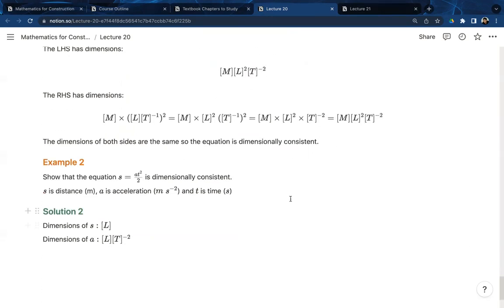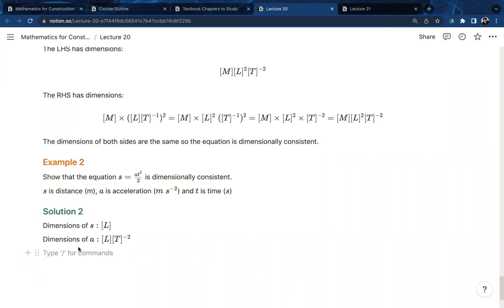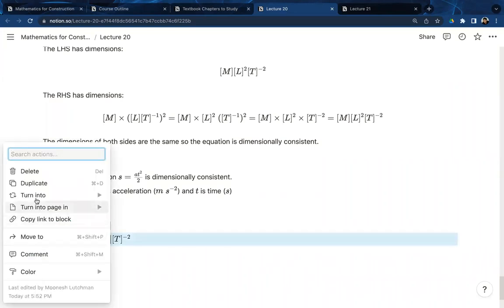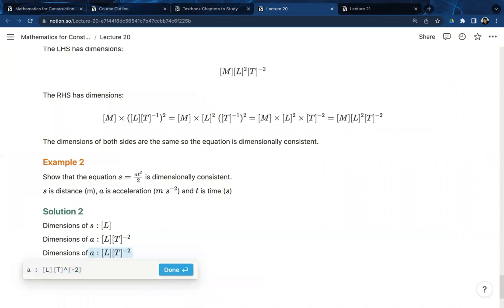Okay. And what is T? Dimensions of T. Well, sorry, T. Now the variable t, it is time, which is measured in seconds.